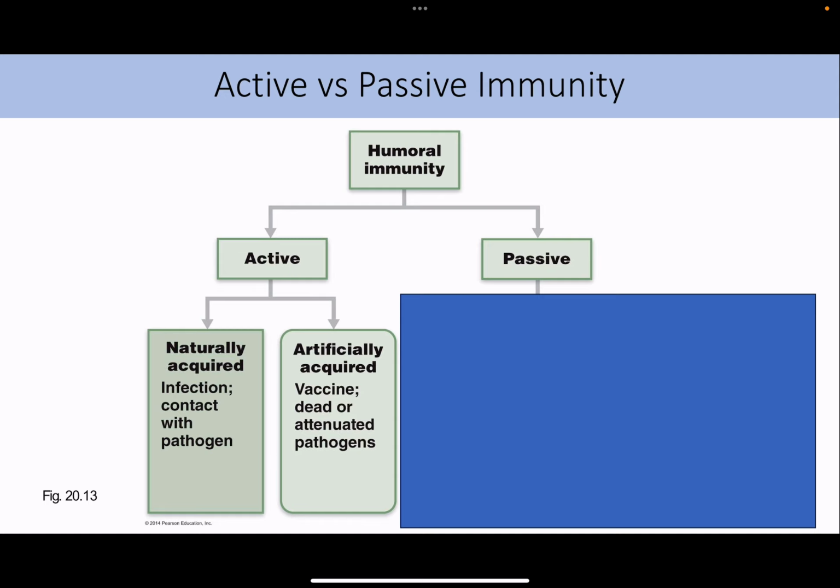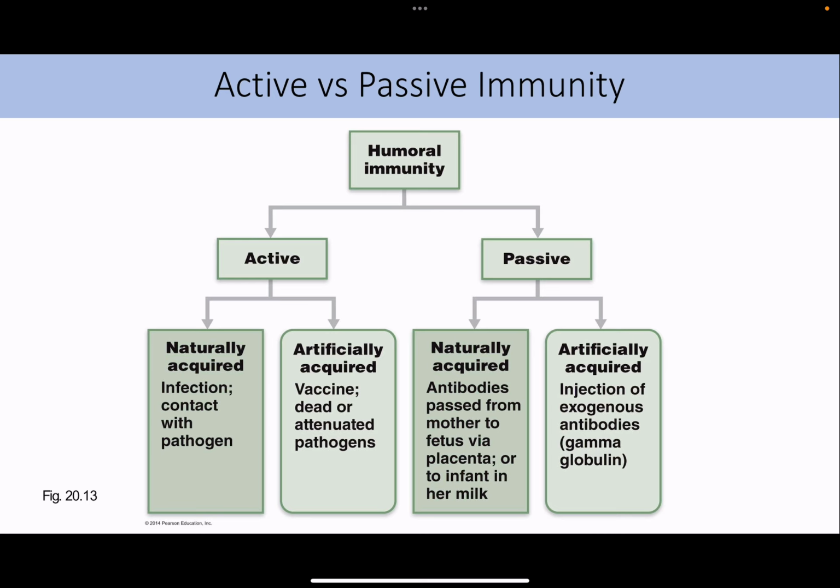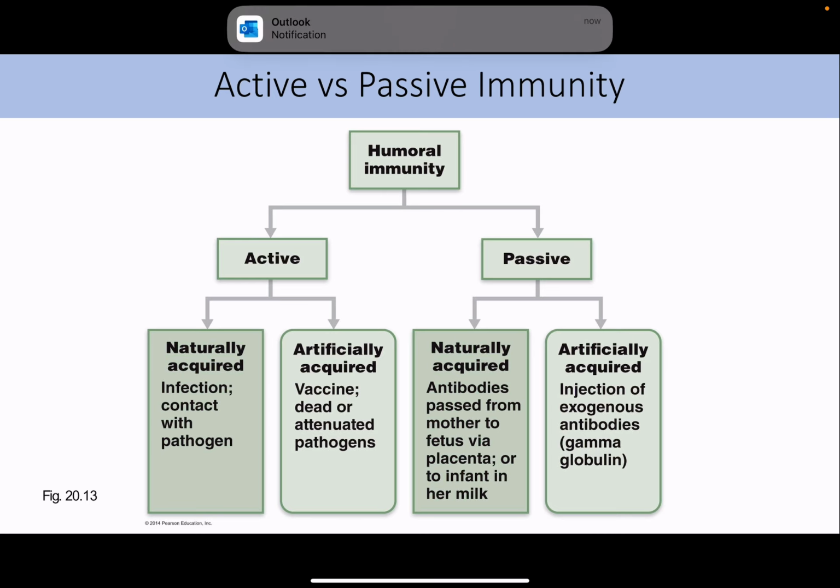Passive immunity is when you acquire the antibodies; you don't make them yourself. Naturally acquired is when the antibodies are passed from mother to fetus, either through the placenta or through breast milk. So you don't make them yourself as an infant; your mother passes them on to you, either through breast milk or the placenta. And then artificially acquired is when you have an injection of antibodies.